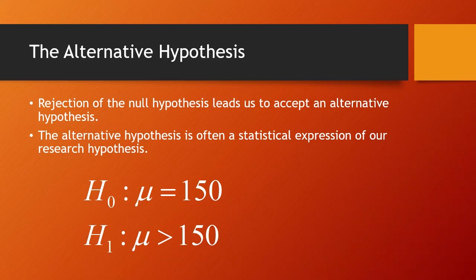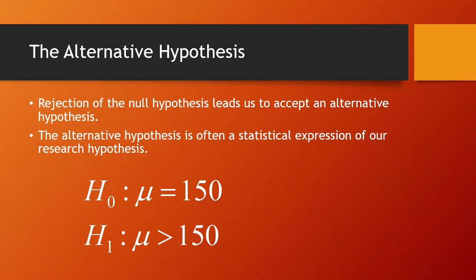Rejection of the null hypothesis leads us to accept an alternative hypothesis, something we think is more realistic given our observations. The alternative hypothesis is often a statistical expression of our research hypothesis. If we were hypothesizing in our research that test prep would increase GRE scores, then what we're proposing is for students who have test preparation, they're going to have a population mean that is greater than 150.